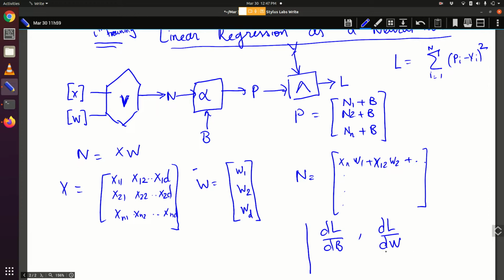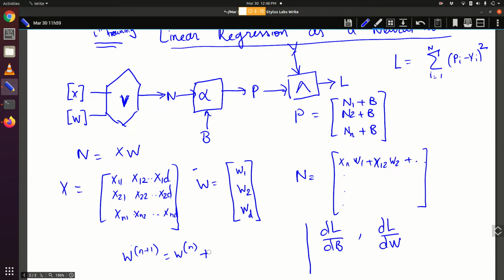Why? Those are the parameters that are under my control, so I have to do gradient descent. You remember what the gradient descent step was? W n plus 1 is equal to w n plus a descent step, right?